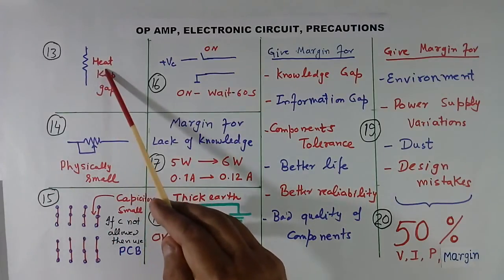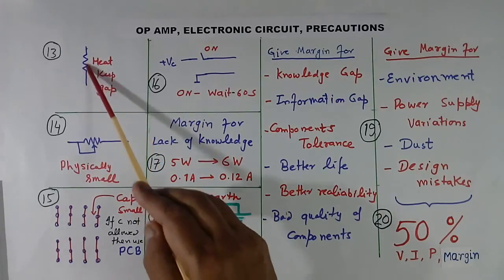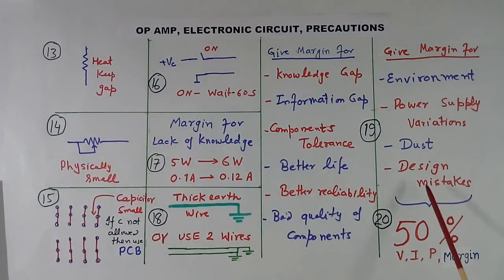When we mount the component, between one component and another there will be capacitance if the size is big. In most cases we don't consider this. These are called design mistakes. So we should know that and keep some margin.